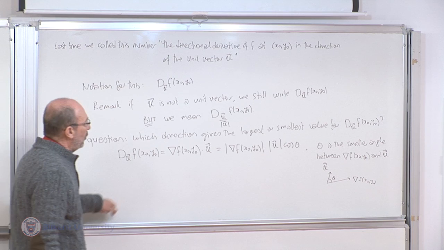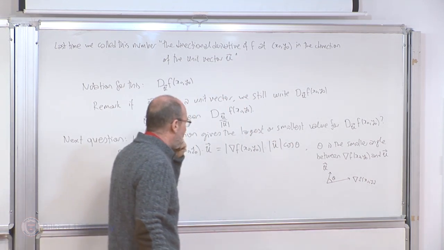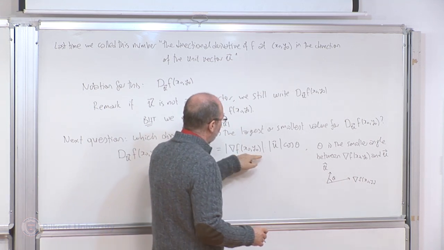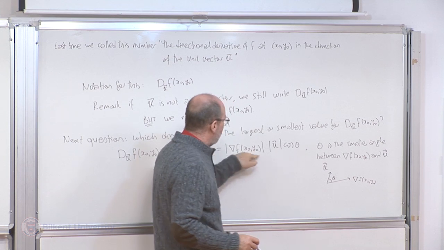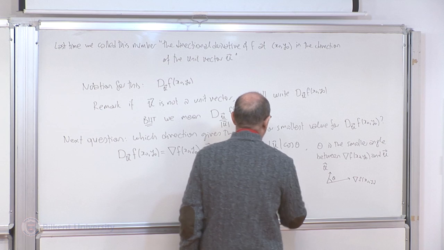Now we go back. Why did we write this? We wanted to look at the largest and smallest of these things. Once the point is given, this is fixed. This is always equal to 1.